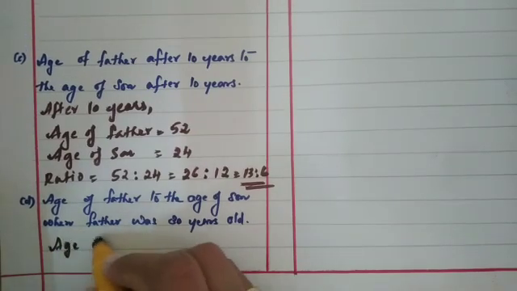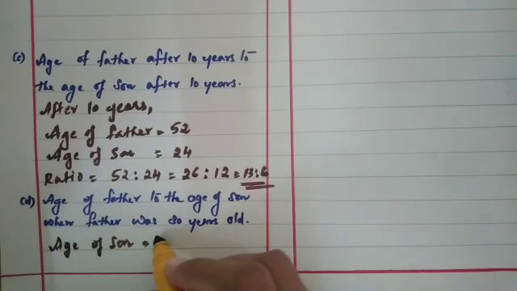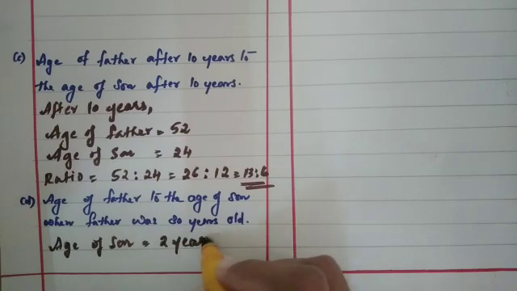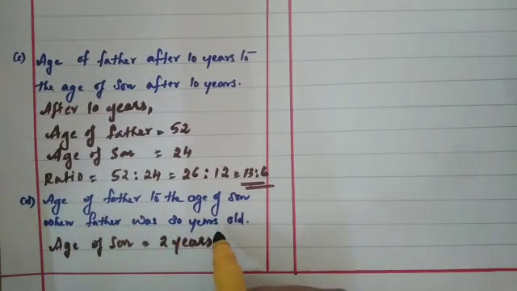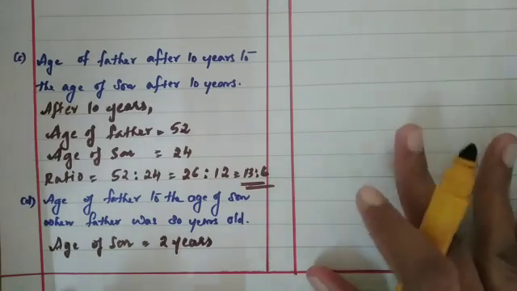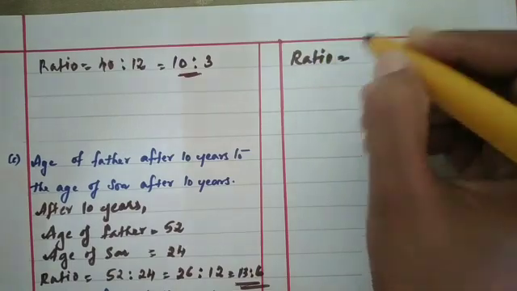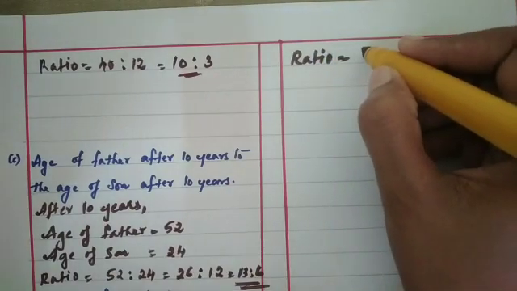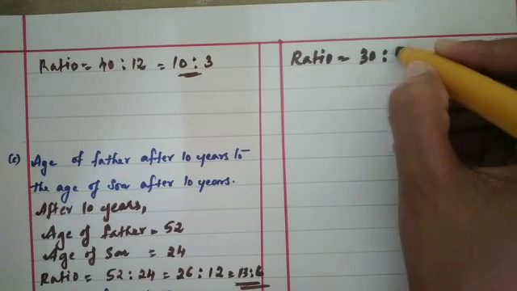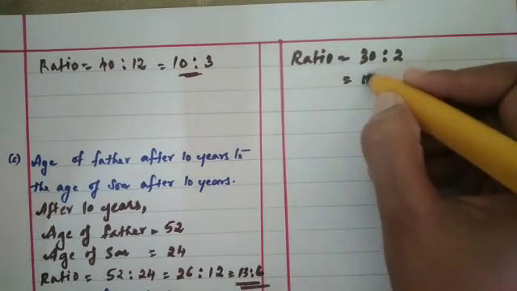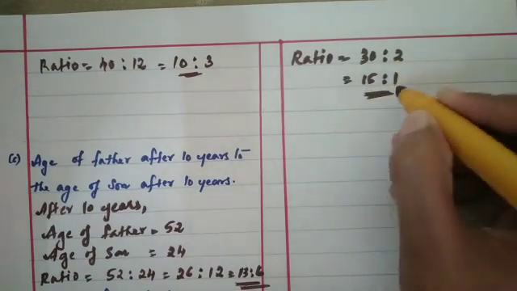Age of son equals 2 years, age of father 30 years old. Then you have to write the ratio. Ratio equals 30 is to 2. 2 is the common factor. 15 is to 1.